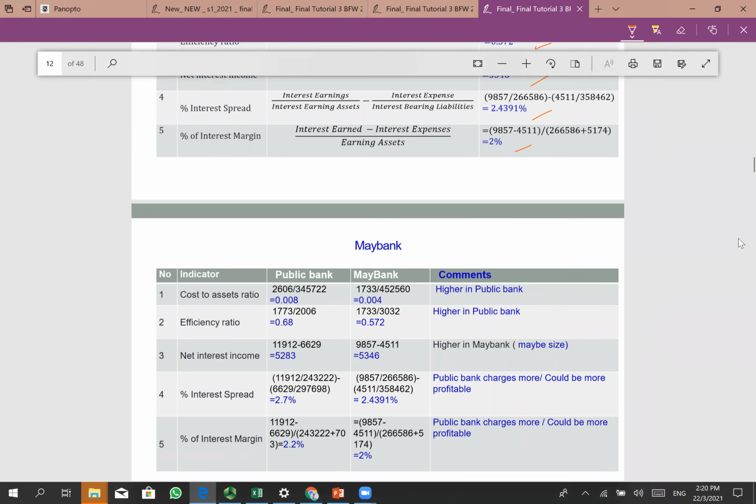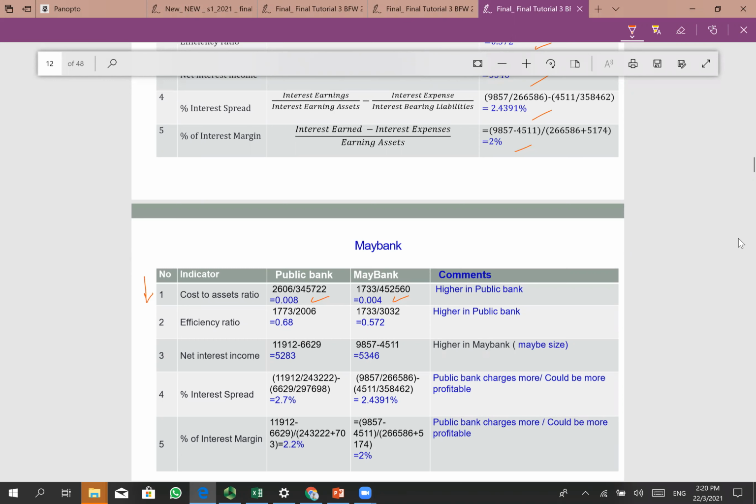I find the cost to asset ratio is high in public bank, but low in Maybank, which means public bank is spending more. We want this ratio actually to be less. I said, well, public bank is a very good private bank, a very efficient bank. Why are they spending so much?